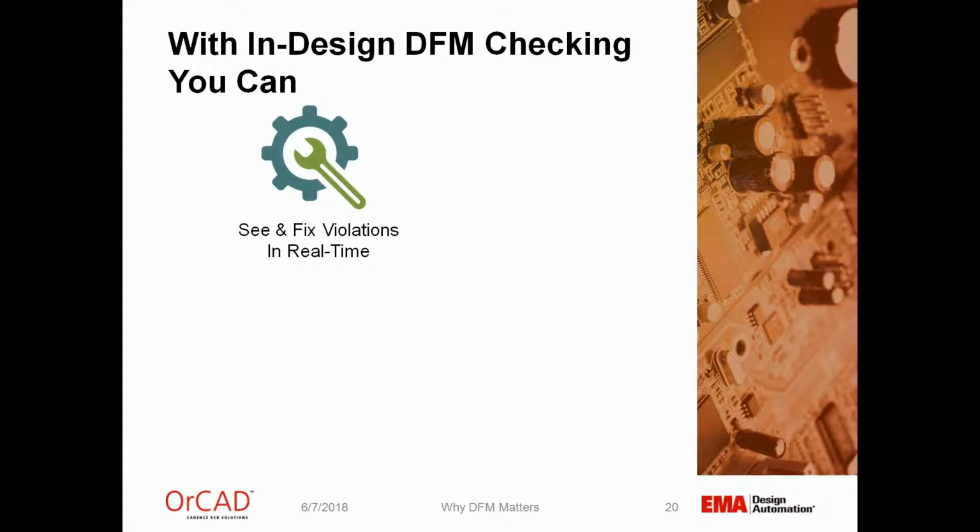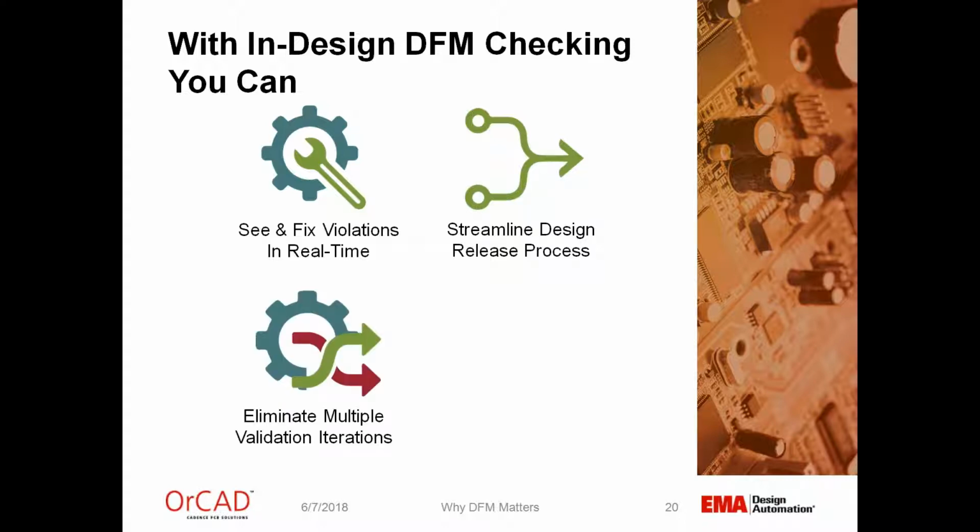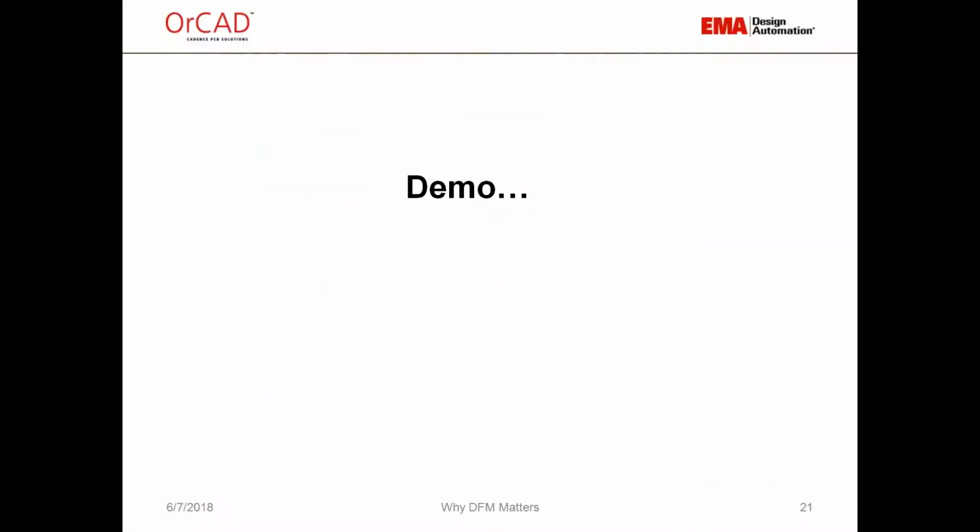The benefit here is that instead of waiting until the end of the design and sending it to the manufacturer and having them find the problems, I can find them in real time before I get to that step. This will help streamline the design process and release of data to manufacturing. It'll eliminate those multiple validation iterations back and forth, and it'll improve my overall time to market.